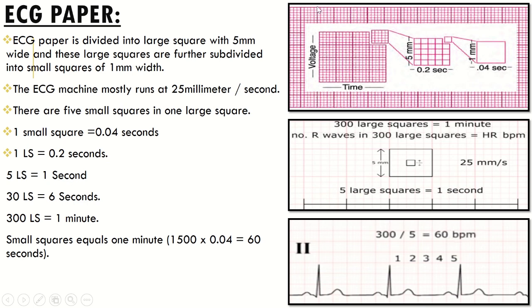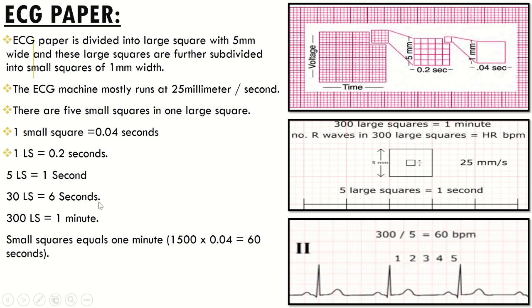As you can see, 1, 2, 3, 4, 5 large squares is the time taken for 1 second. If one large square takes 0.2 seconds, then for 1 second you multiply by 5 and 1 will come. So for 1 second it takes about 5 large squares.